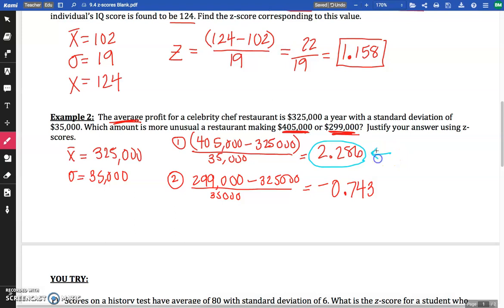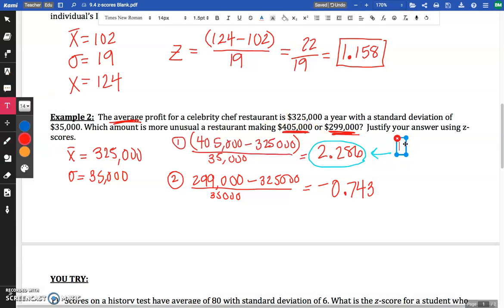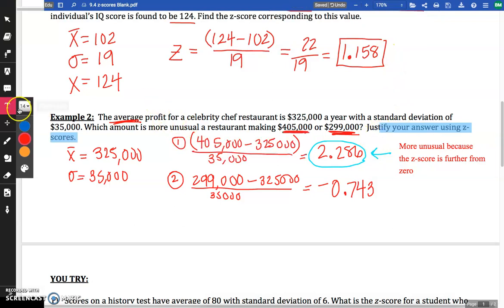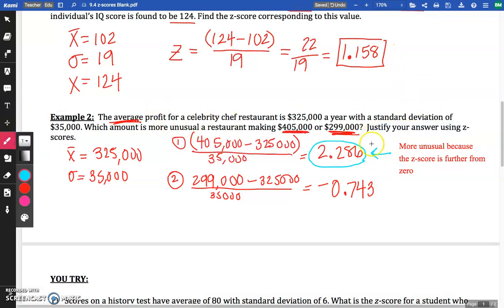So I'm going to switch to typing here. This one is more unusual because the z-score is further from 0. So when I'm asking you to justify your answer, this is something I'm looking for, a sentence like this. It's more unusual because the z-score is further from 0.